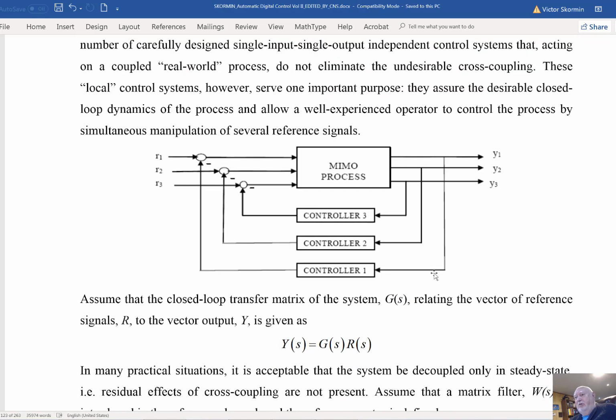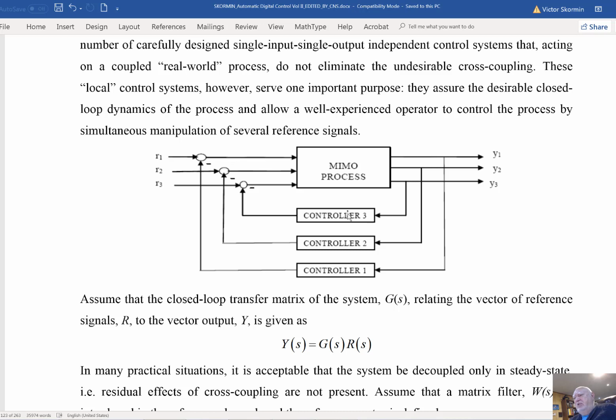And look, what can we achieve with controllers like this? Controller 1, controller 2, controller number 3. If this is a cross-coupled control plant, and if we introduce individual control loops, we will not eliminate cross-coupling between channels.